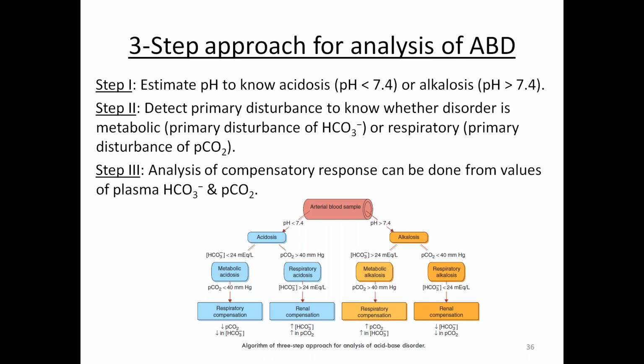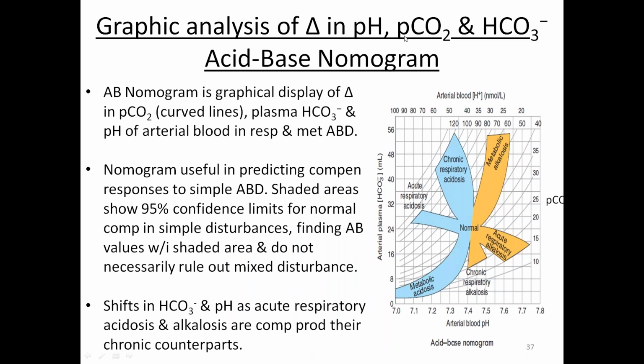Now, another important aspect is an acid-base nomogram. This is a graphic analysis of changes in pH, PCO2, and HCO3. Here you have the arterial plasma bicarb, the pH, and the PCO2, in this L-shaped representation.